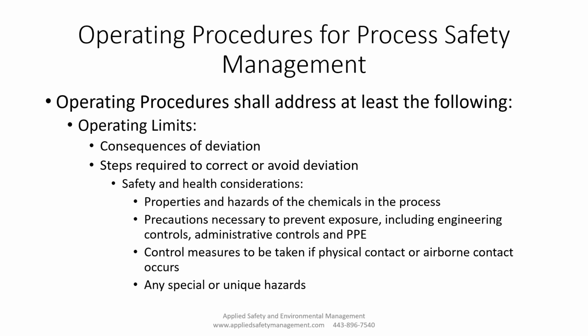We also want to look at the safety and health considerations, so properties and hazards of the chemicals in the process, and precautions necessary to prevent exposure, which really means your engineering controls and your admin controls. Finally, if you actually have to come in contact with these different chemicals, what are you going to use for PPE, otherwise known as personal protective equipment?